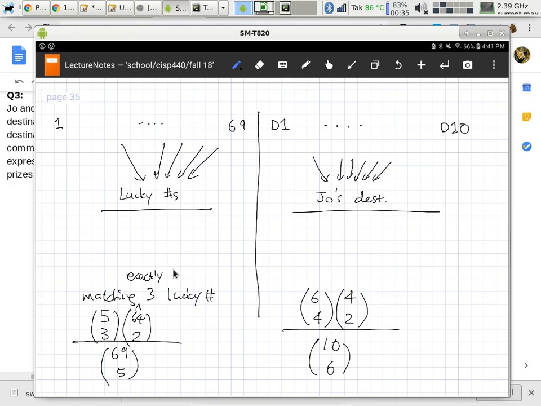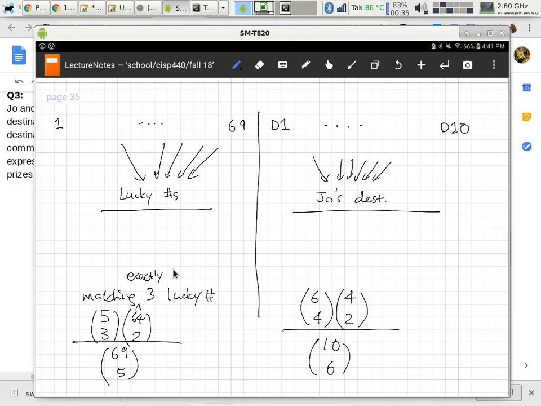Because out of the 6 destinations that Pat is choosing, we want 4 of those to overlap with what Joe has already chosen. Is that okay? That becomes our event. This is what we're interested in. So this will account for how many ways we can choose 4 of the 6 destinations chosen by Joe.